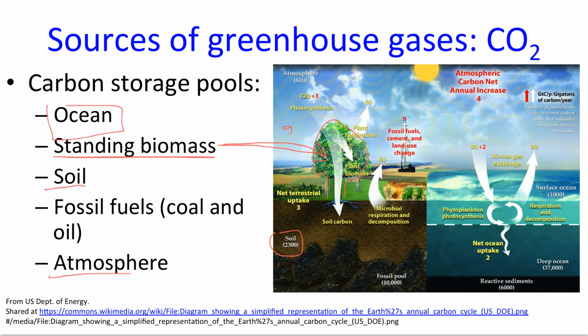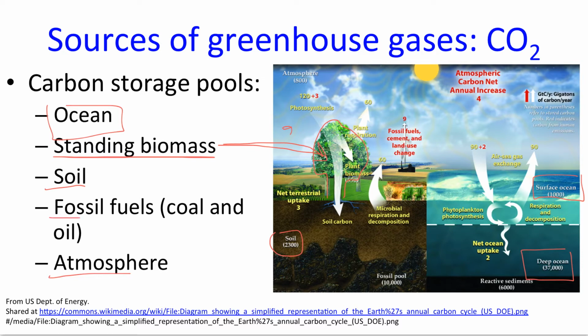And in fact, if we look over here at the ocean, there's a lot of it. In terms of relative units, there's much more carbon here than in any of the other storage pools. It's in the deep ocean especially, it's also in the surface ocean to a lesser degree. And so this is an important place.